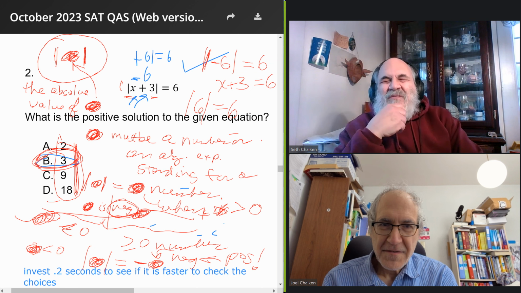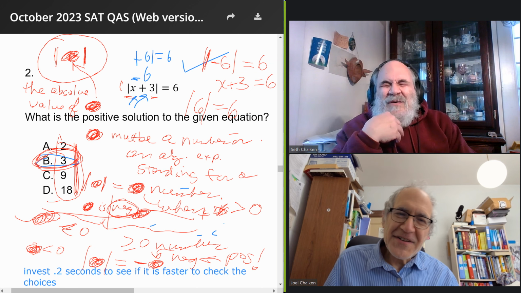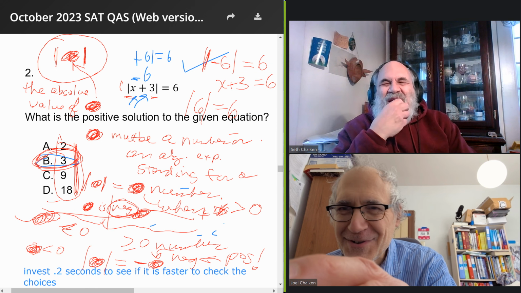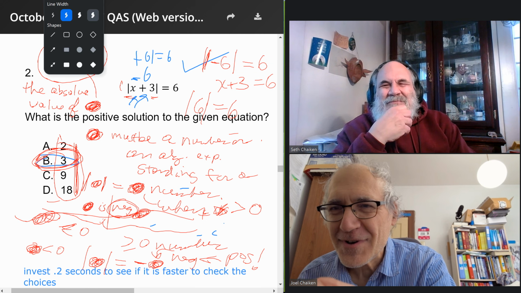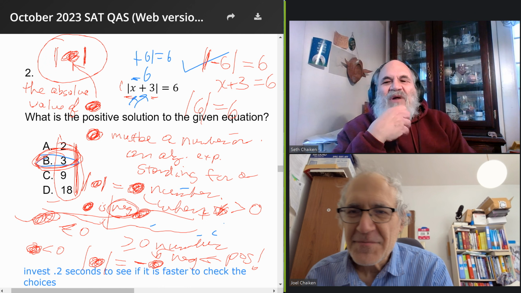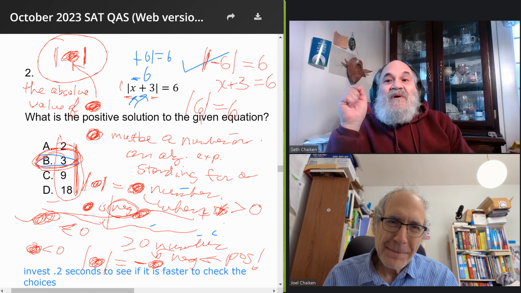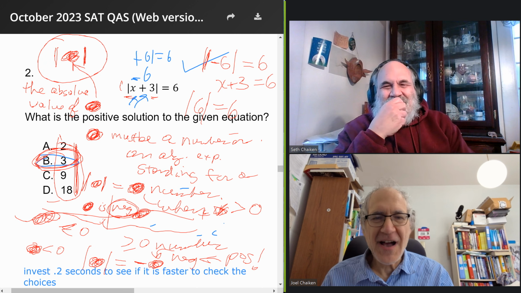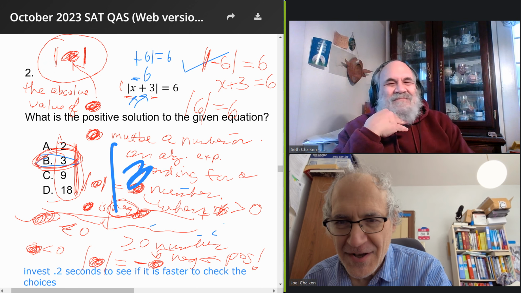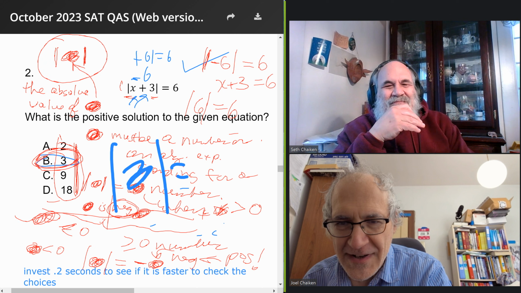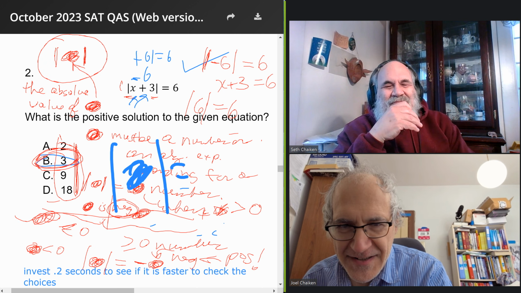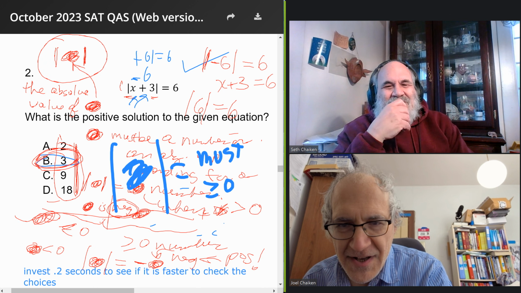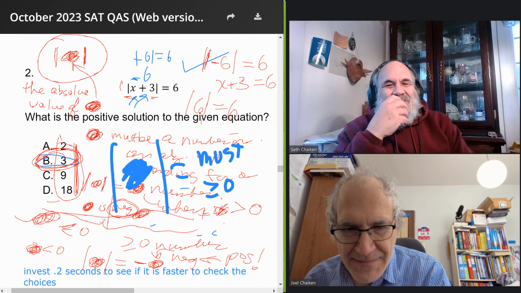Could you add something to my explanation of absolute value? First of all, I want to make it a lot shorter. But still, don't be misleading. I will not be misleading. First of all, operationally, if you take the absolute value of something, the final answer must be greater than or equal to 0.